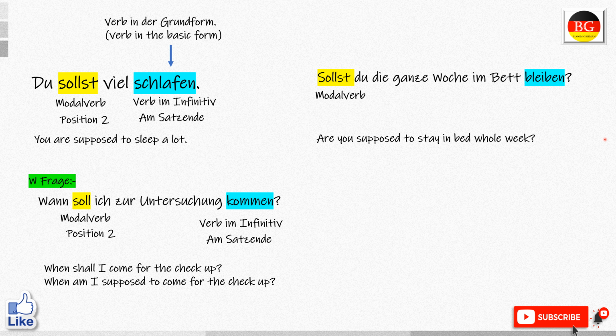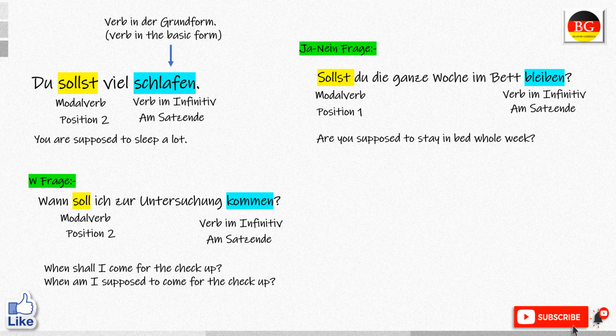Now the modal verb comes at the beginning of a question, that is position 1, and bleiben in infinitive form comes at the end of the question. So what is the rule? Modal verb in conjugated form plus subject plus object, and the main verb in infinitive comes at the end of the sentence. As the sentence begins with the modal verb, this is a Ja-Nein-Frage.